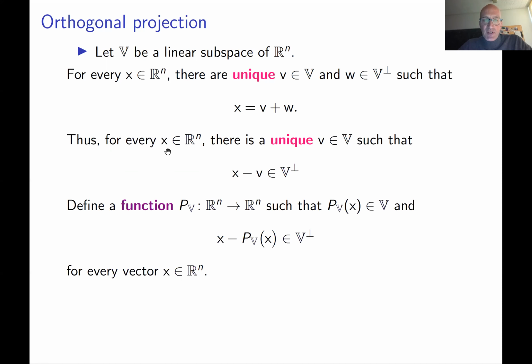So we can define a function usually denoted by PV. P stands for projection, and V stands for this vector subspace V, so we remember where we project onto.